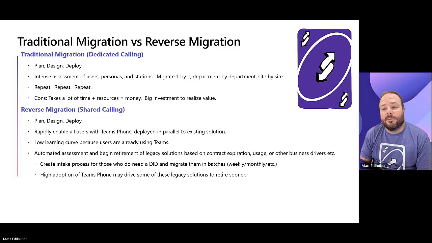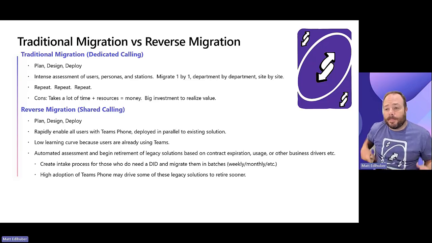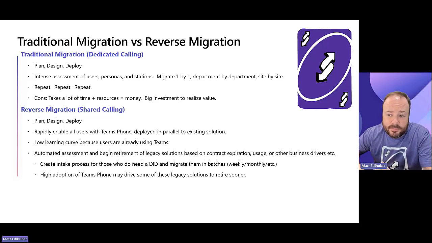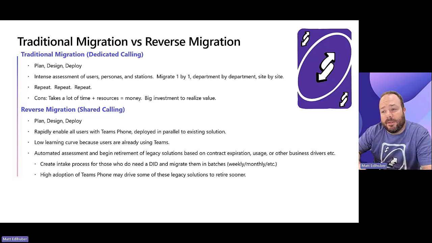So traditional migration, right? For those of you who've done voice migrations, intensive planning, design, and a potentially long deployment runway to get to the finish line. We have an intense assessment of users, personas, stations. We start migrating one by one, hopefully then department by department, and then site by site.